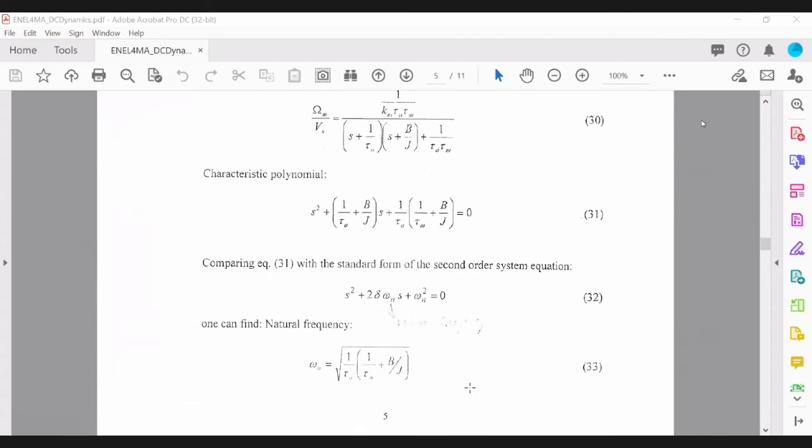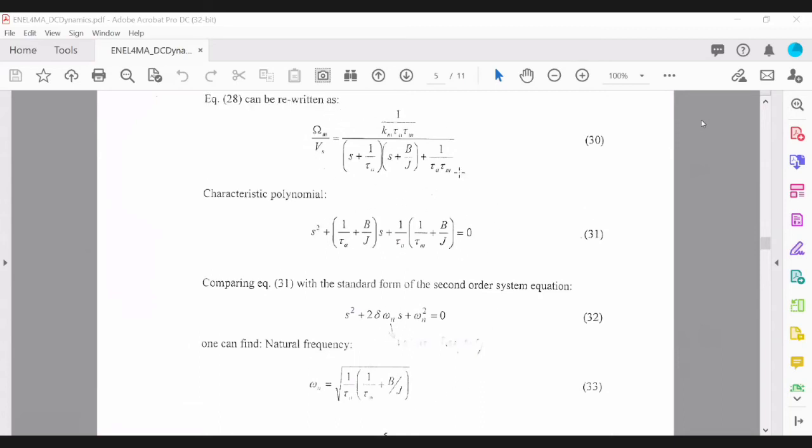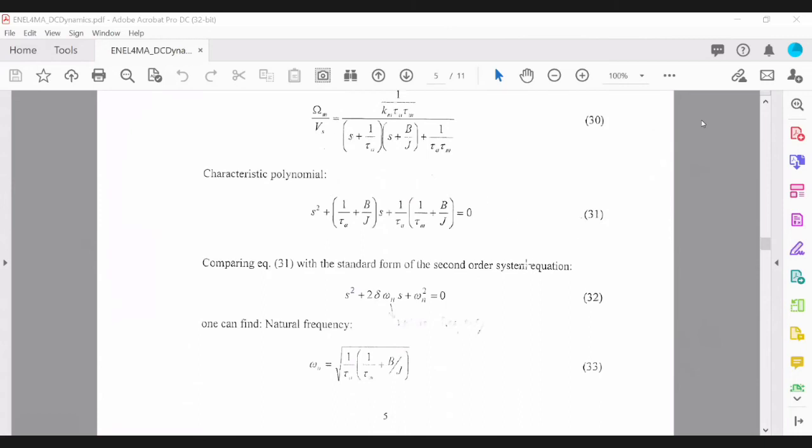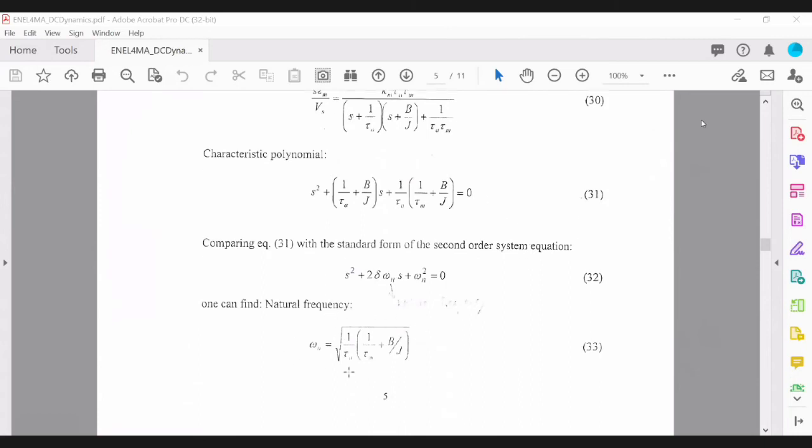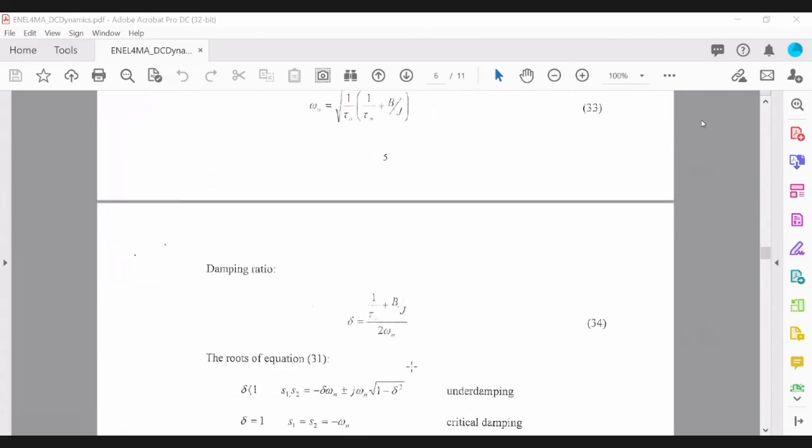When we write the transfer function in equation 30 in that standard form, we can write the equation for the natural frequency of the motor and also the damping ratio delta.